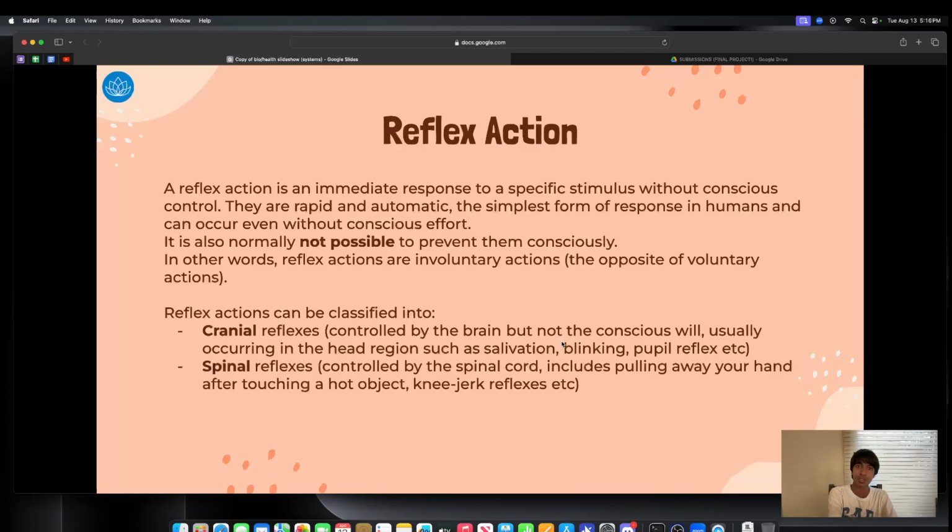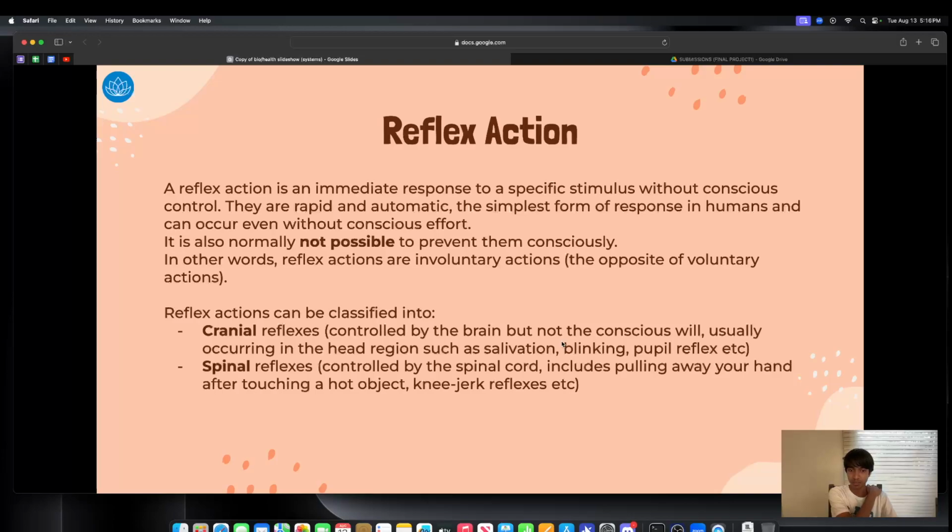Maybe that's the case with cold objects, but hot objects, your body has evolved in such a way that as soon as you touch something hot, it's not possible to avoid this action because of the body's natural reflex to something hot, right? And it's controlled by the spinal cord.